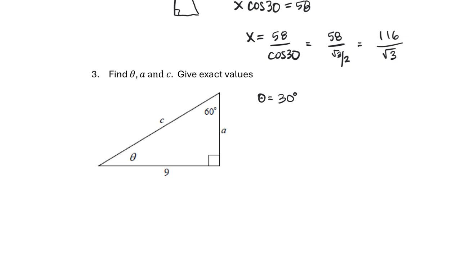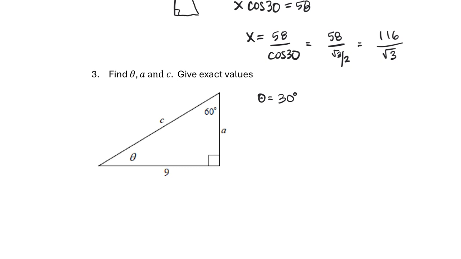Now I'm going to solve for A first. If I'm going to use 60 degrees, then in reference to 60 degrees, I know the opposite side, and I'm trying to find the adjacent. Opposite and adjacent could be a tangent function.